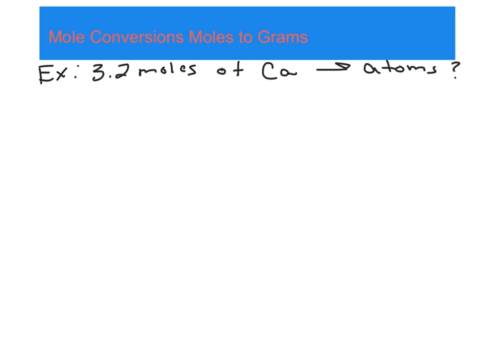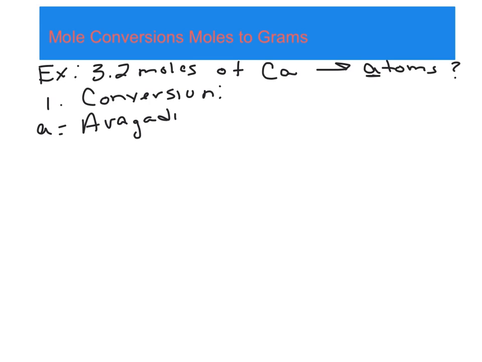Okay, chemistry time. Here's my example. I have 3.2 moles of calcium. I want to know how many atoms that is. First thing you want to do is figure out what my conversion factor is. The way I remember it is if I see an A for atoms, first thing I think is Avogadro's number.